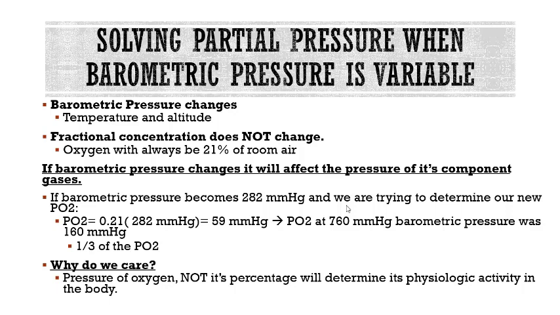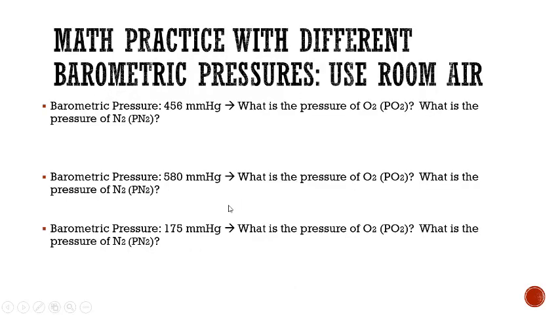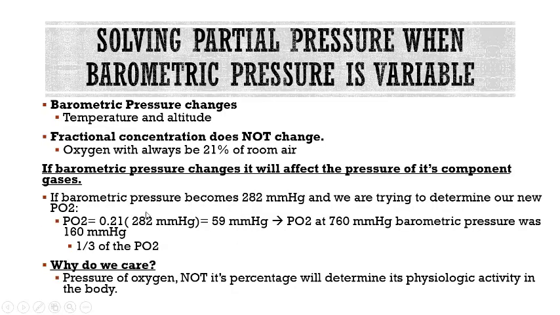Okay, so if the barometric pressure becomes, let's say, 282 millimeters of mercury, and we're trying to determine what our new pressure of oxygen is, okay? On the previous slide, we solved our pressure of oxygen as 160 millimeters of mercury because the room air pressure was 760. Here, I'm telling you that it's 282.